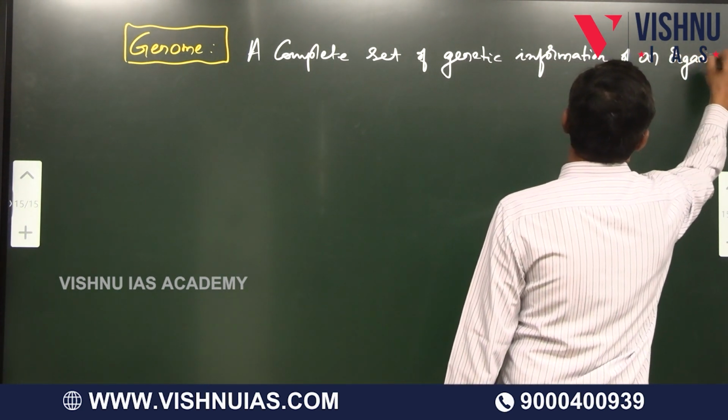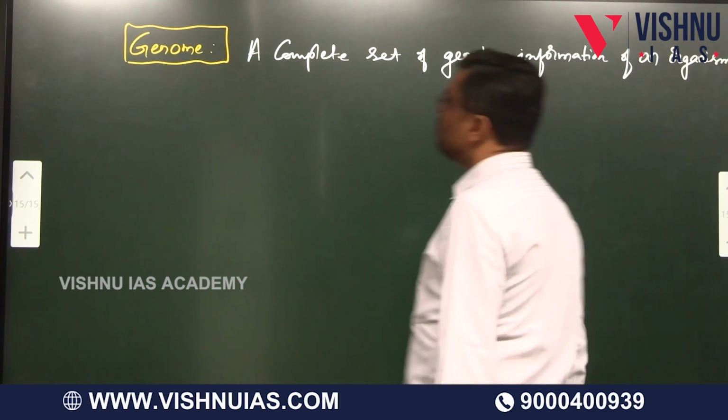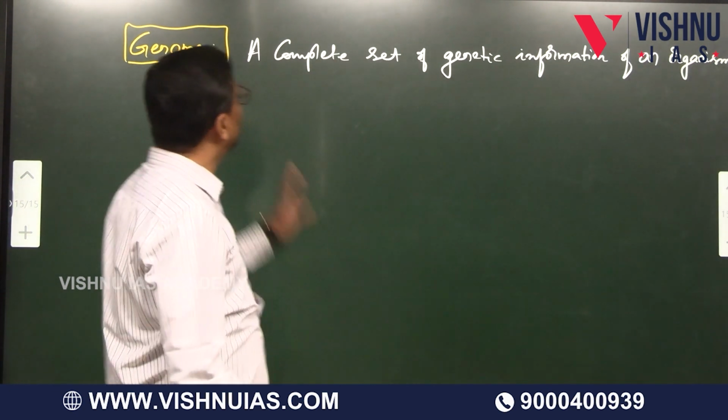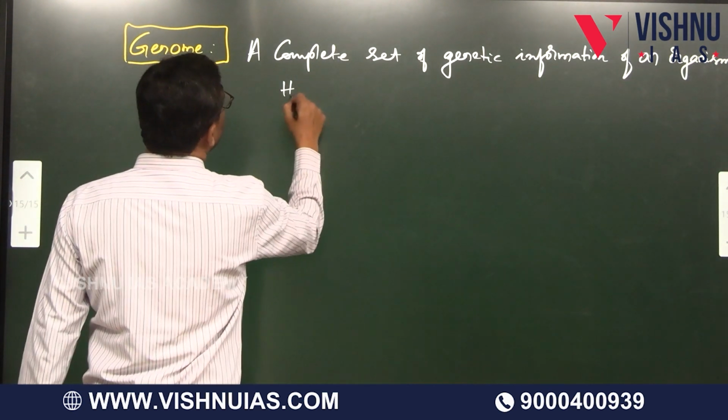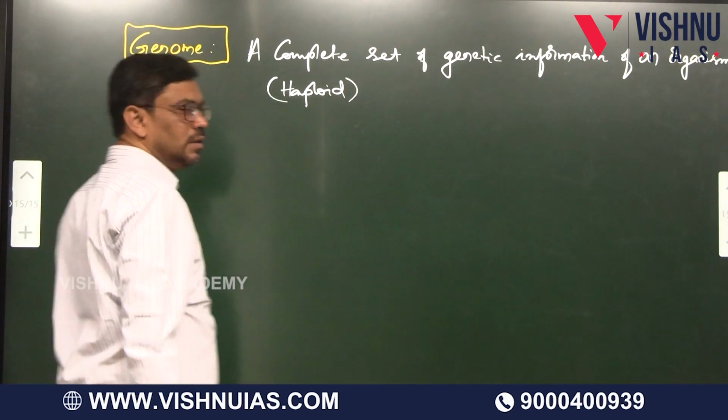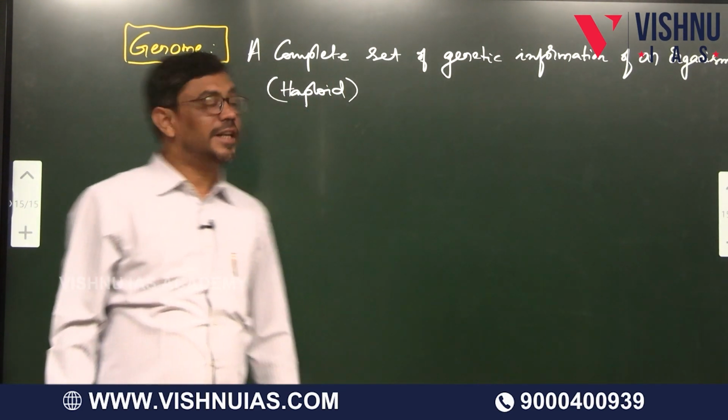A complete set of genetic information of an organism is called a genome. That means the haploid set of genetic information. A complete set means here you have to remember haploid set, that is called genome.